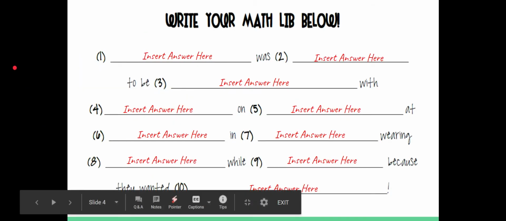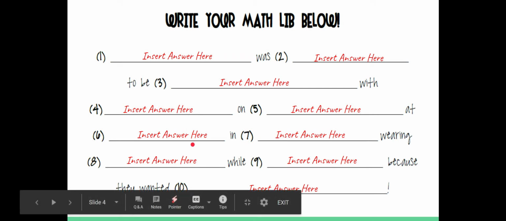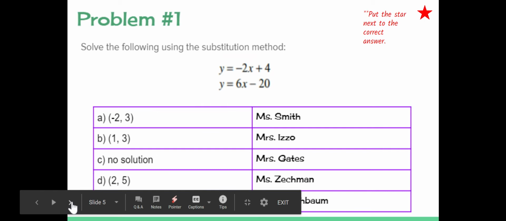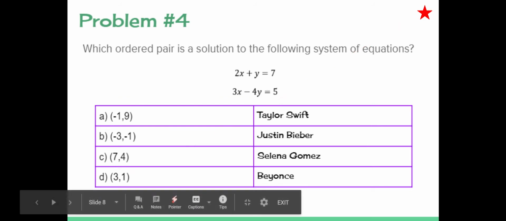This is the math lib. Once you get all your answers, you can go back and click on each one of these and replace it with the word that applies to your answer. Here are the questions: problem 1, problem 2, problem 3, problem 4. If you notice this red star in the corner, that's what I was talking about at the beginning.